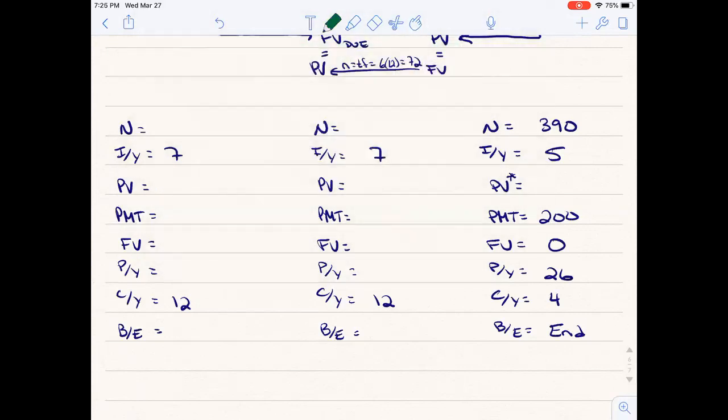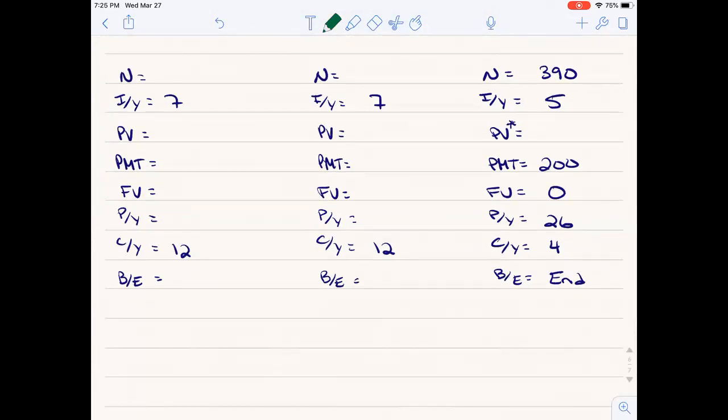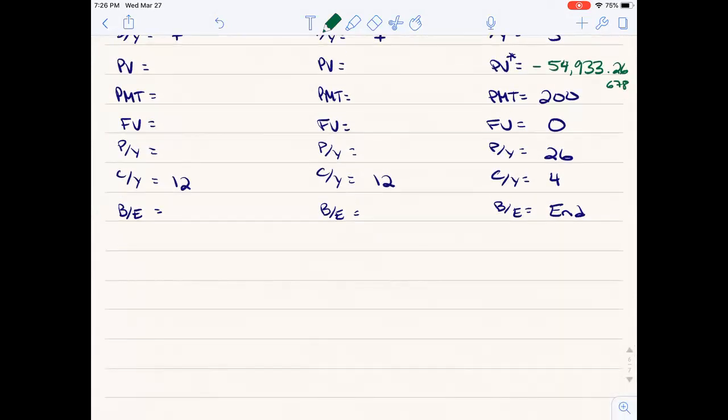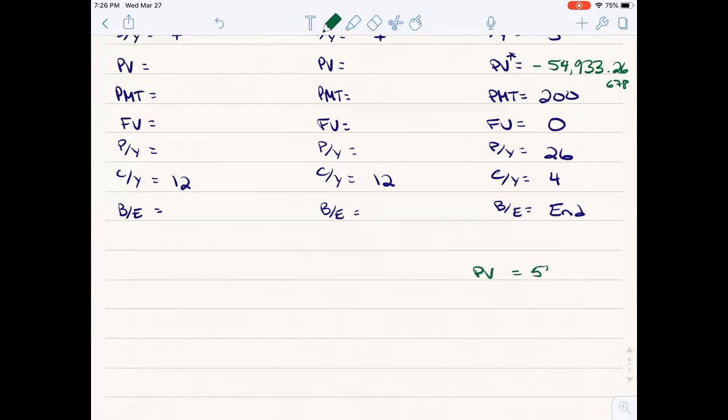We'll do the green one here. Get negative 54,933.26678. So from here, I'll say the present value is 54,933.27.